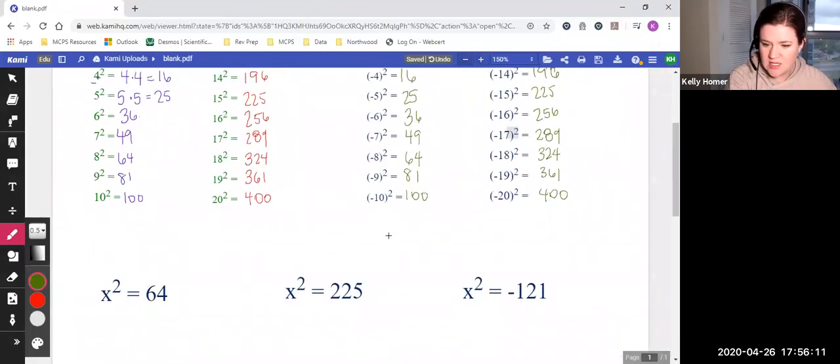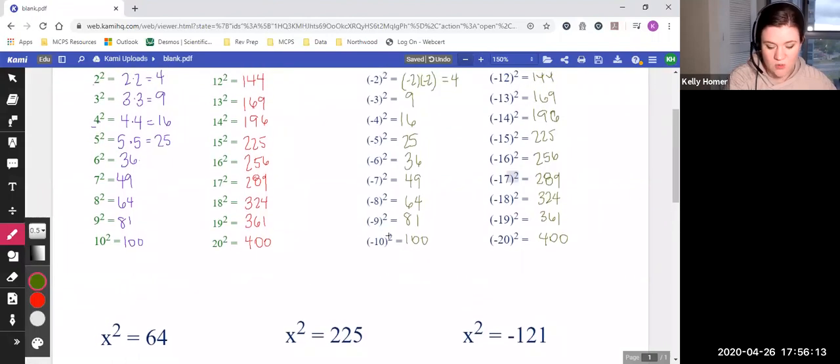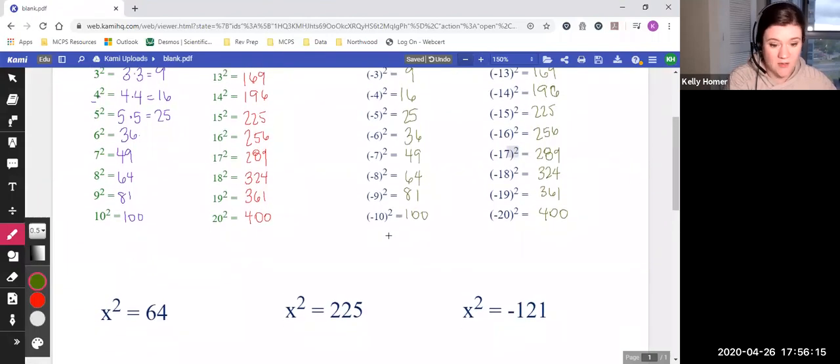All right, so the next thing that we're going to look at, I'm going to make it smaller so we can see, is this. If my question is x squared is 64, what can x be?